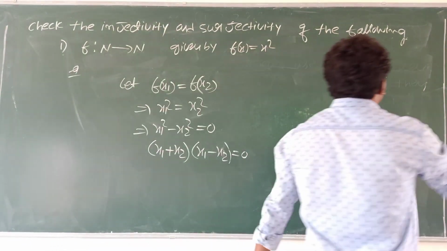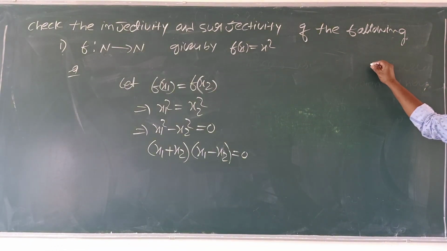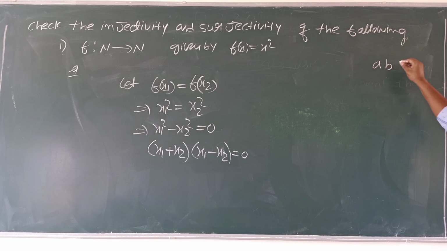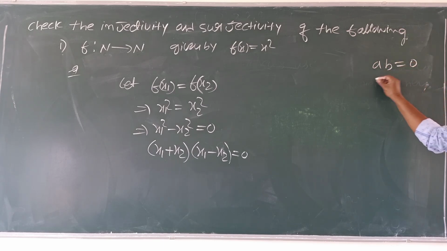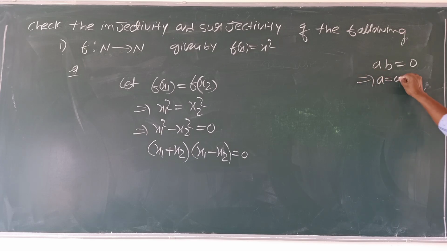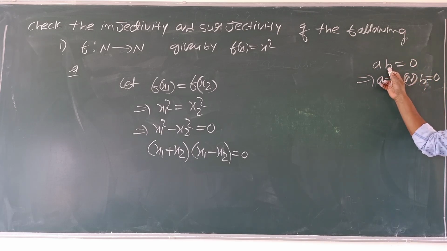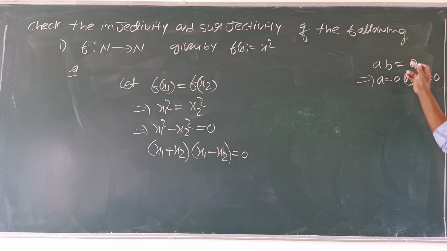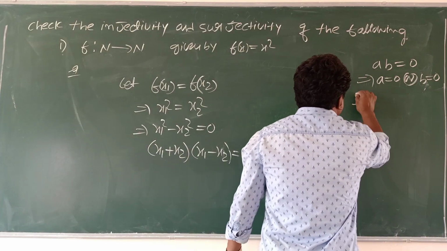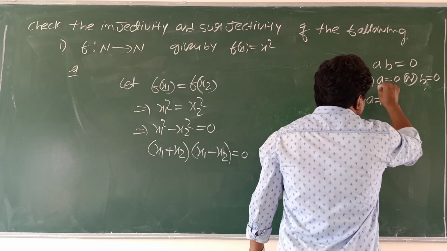Come to this, students. You all know this very well. Basics of maths. A times B equals 0 means either A equals 0 or B equals 0. Because if A becomes 0, then everything becomes 0. If B becomes 0, then everything becomes 0.